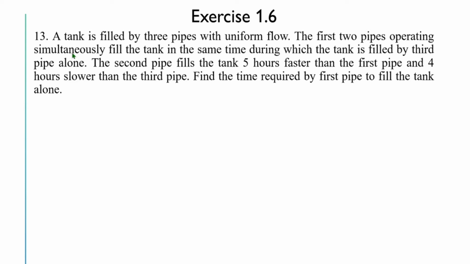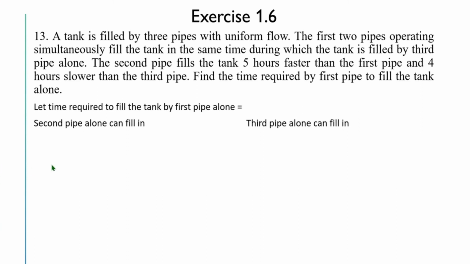So here we are given the tank is filled by 3 pipes with uniform flow. The time required by first 2 pipes to fill the tank is equal to the time required by the third pipe alone. With all these, we have to find the time required by first pipe to fill the tank alone.